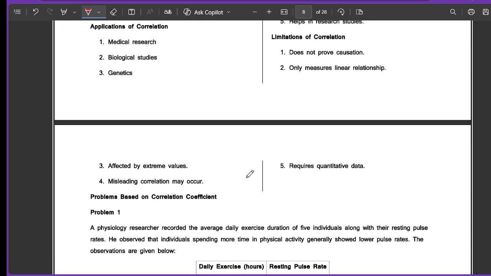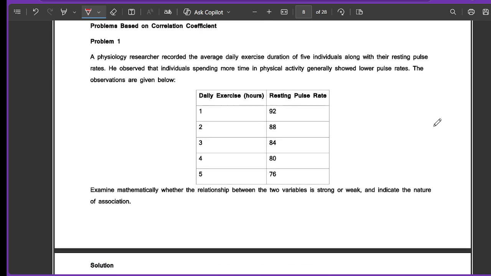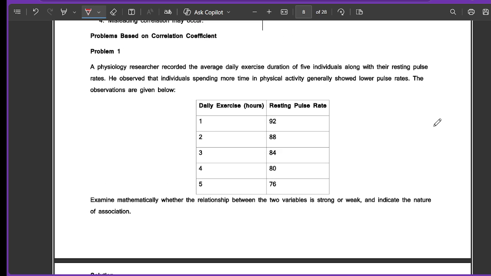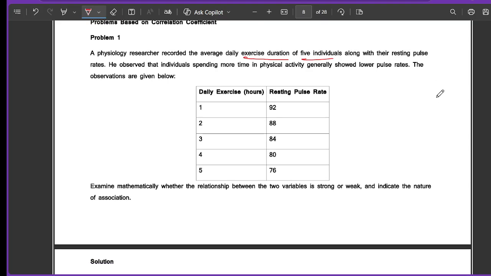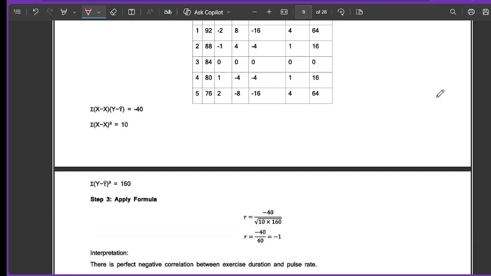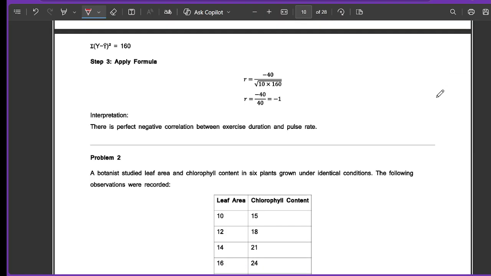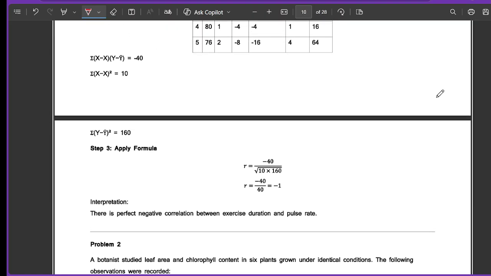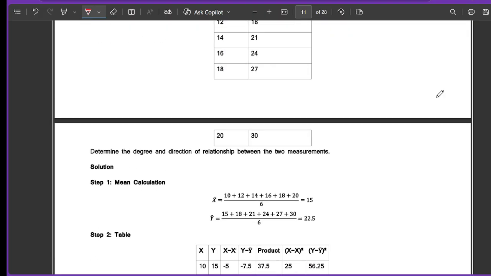Now let us try to calculate this with the help of examples. So here is problem 1. There is a physiology researcher. He recorded the average daily exercise duration of 5 individuals. So how many individuals did he take? He is taking 5 individuals here. This is a simple correlation coefficient calculation only.